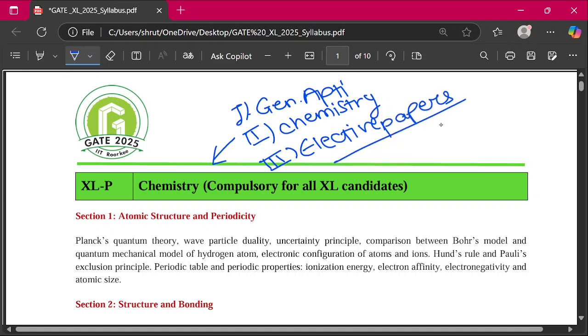The elective papers are what we have discussed now. This general aptitude and chemistry is compulsory for all Excel candidates.